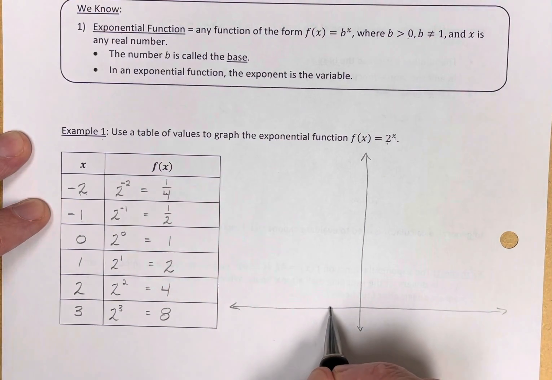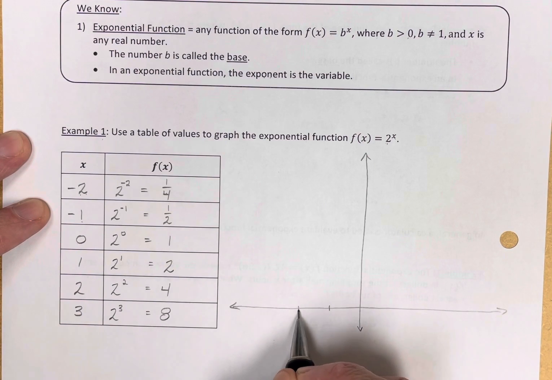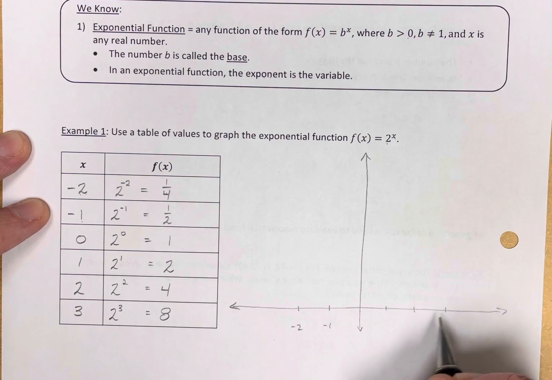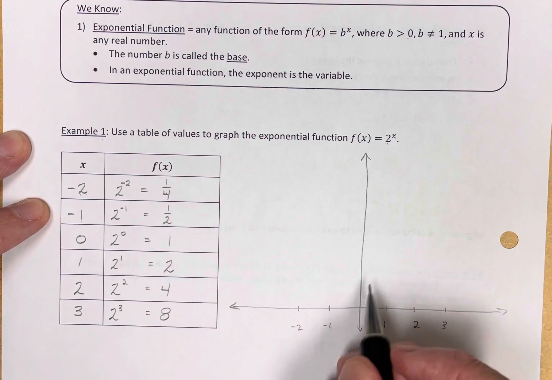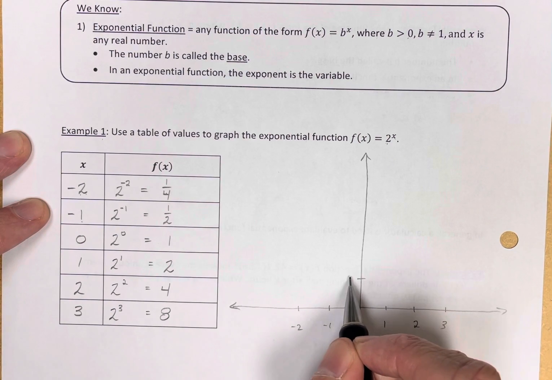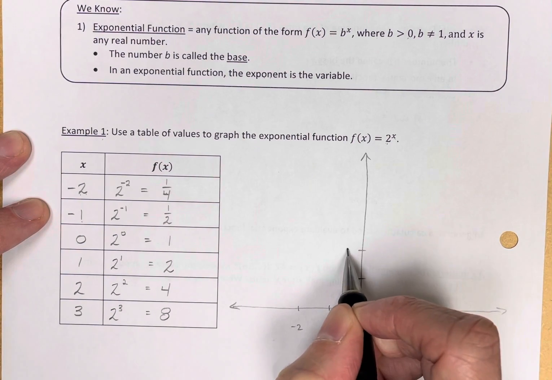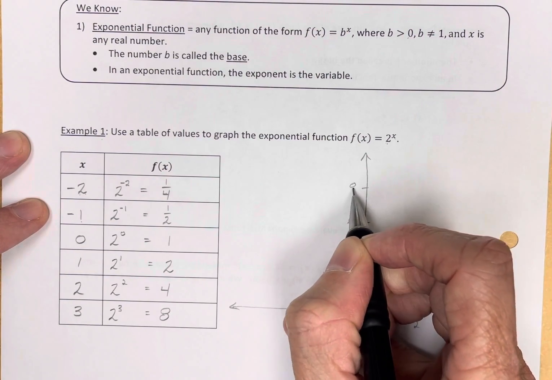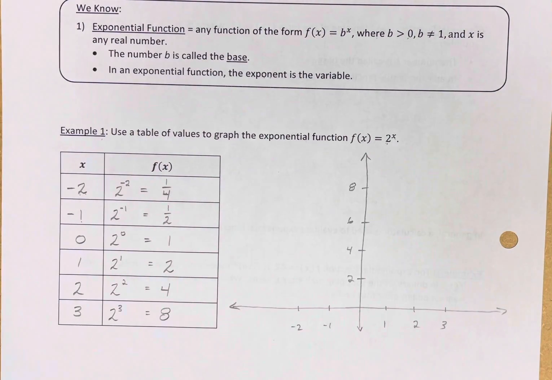I need a -1 and a -2 on the x, and I need a 0, and then a 1, a 2, and a 3. And I need to go from 1/4 to 8. So I'll go 2, 4, 6. I'll label my y-axis by 2's.